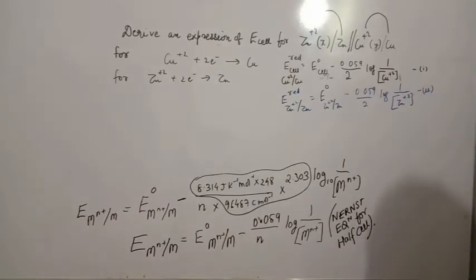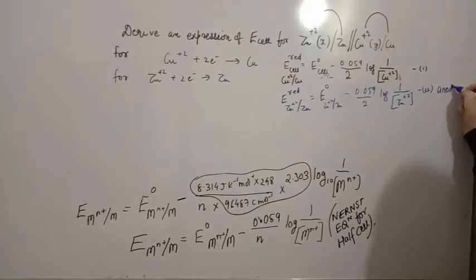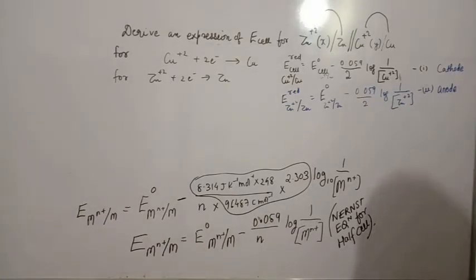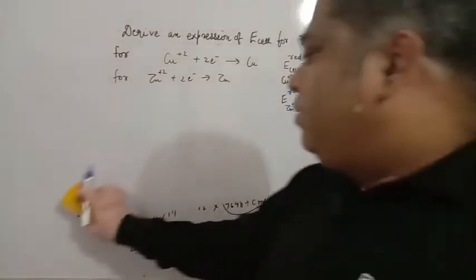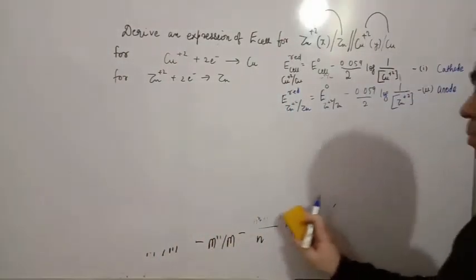Now we know that this is anode and this is cathode. So to find out the net EMF of the cell, we can subtract anode from cathode.